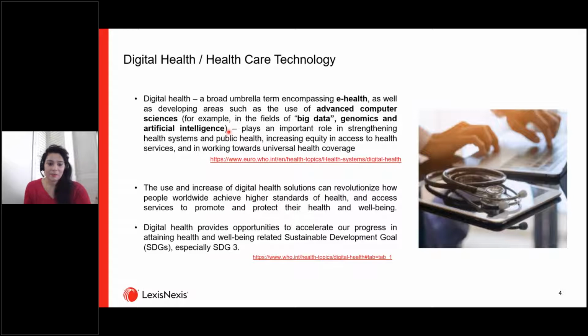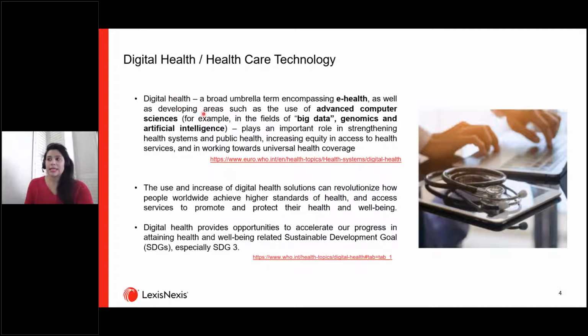Let's have an idea about how we define that, because the way it is defined, it's the way we have defined it in terms of the search syntax to search for patents in this particular field. This definition has been given by the European Union Division of the World Health Organization.